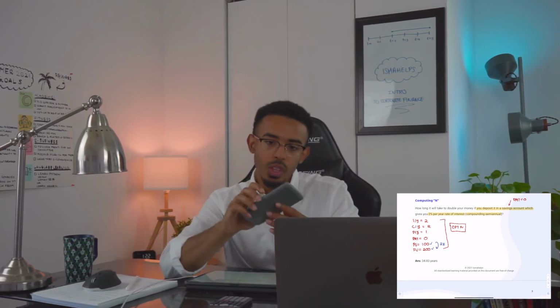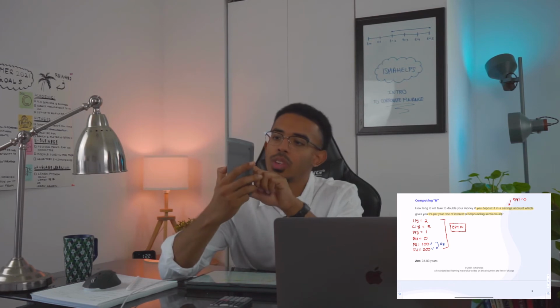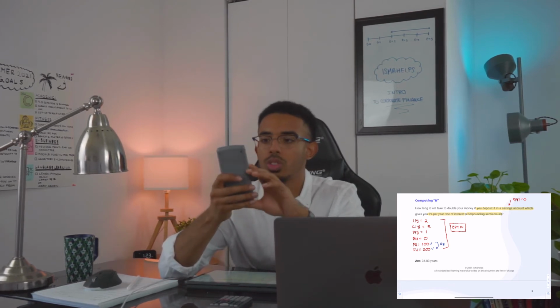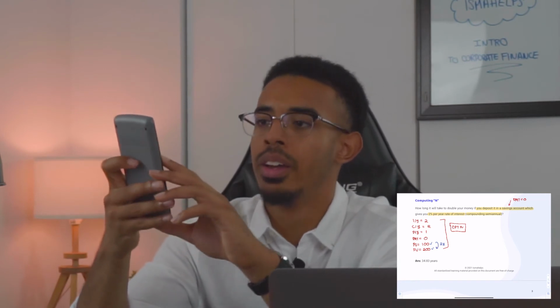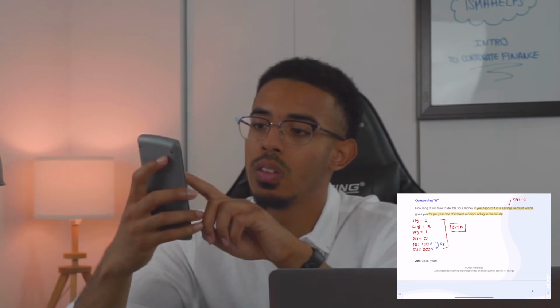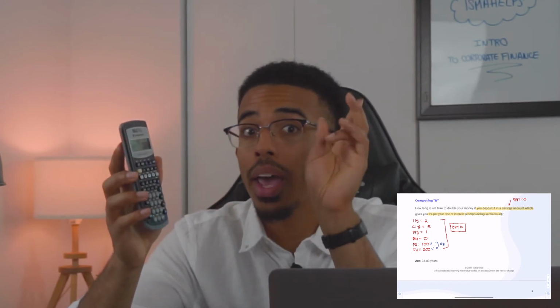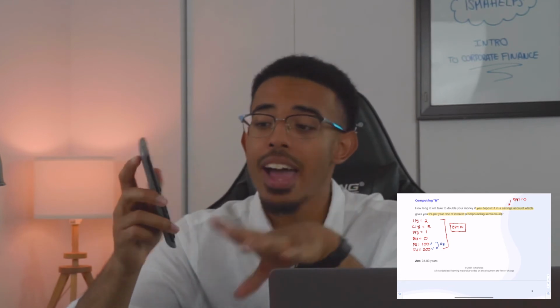So all that you have to do now is place this onto your calculator. The first thing that we're going to do is press second and then IY. We're going to set our payments per year as 1. We're going to set our CY as 2 because in the question they told us that we're compounding semi-annually.